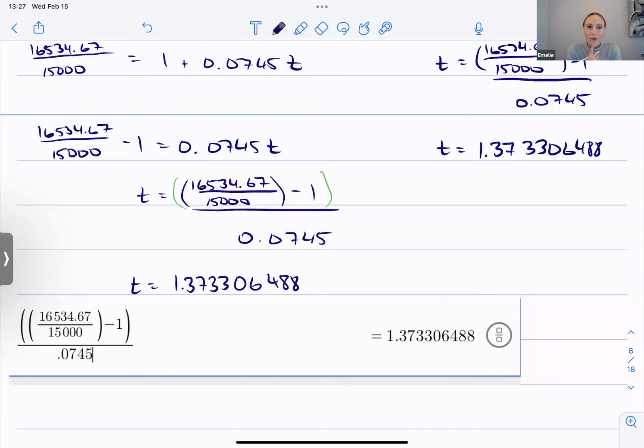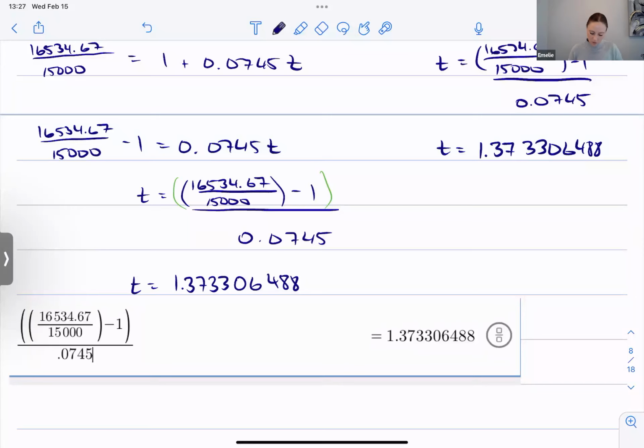One problem is that 0.3733 years doesn't mean anything to us. So the next thing we have to do is convert 0.3733 into probably days, which is going to be the closest thing.